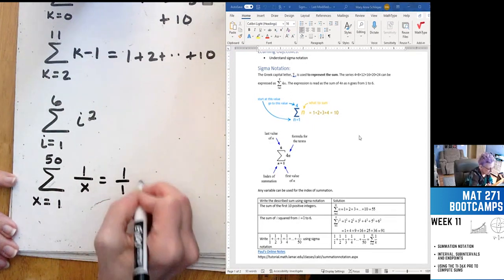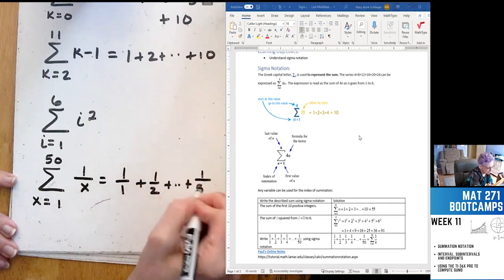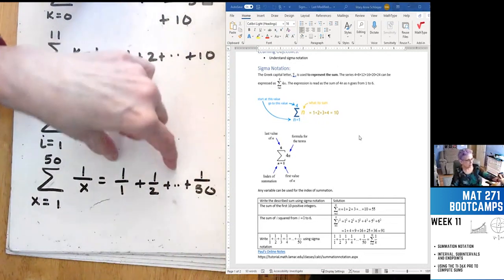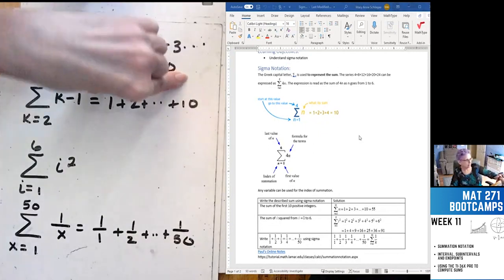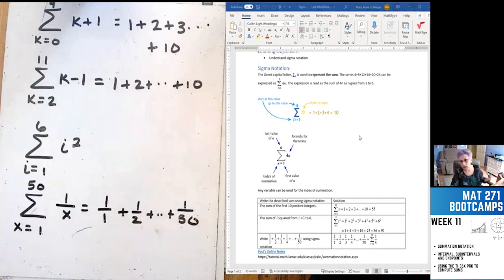That would give us 1 over 1 plus 1 over 2, all the way up to 1 over 50. So you can see why it's really handy, because I didn't even want to write down 10 digits. I definitely don't want to write down 50 fractions. So it's a nice way of shortcutting a big, long sum of numbers.